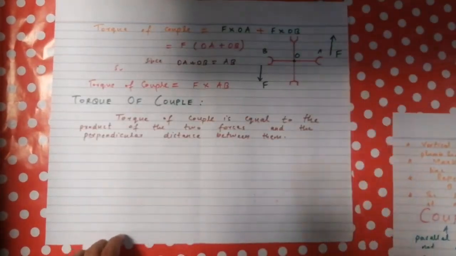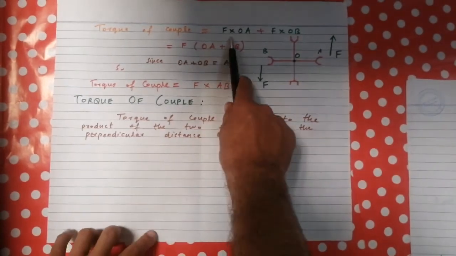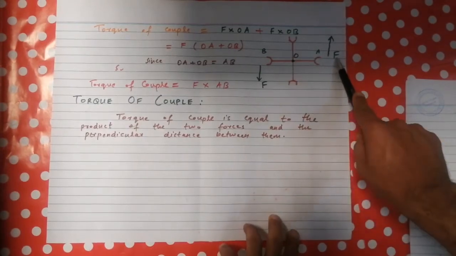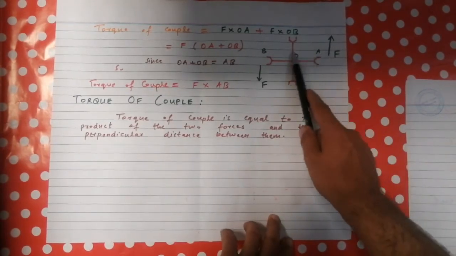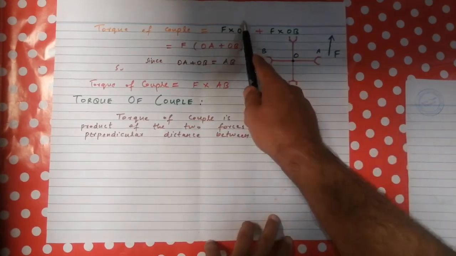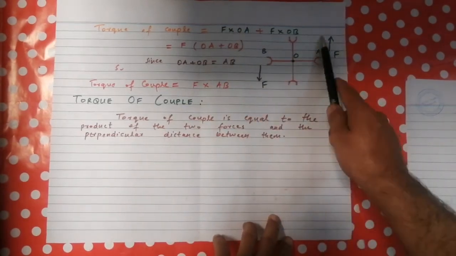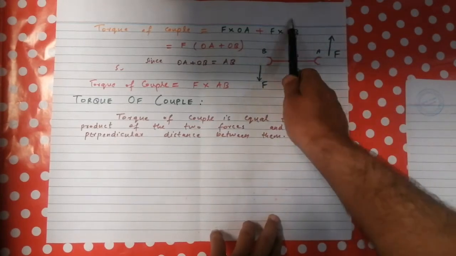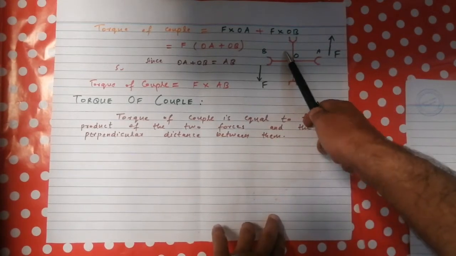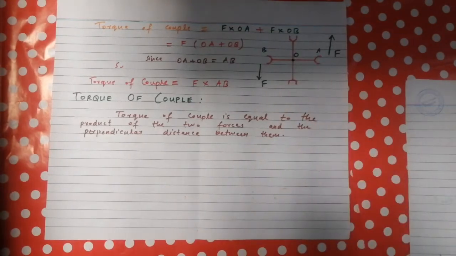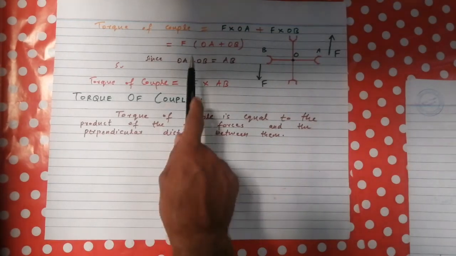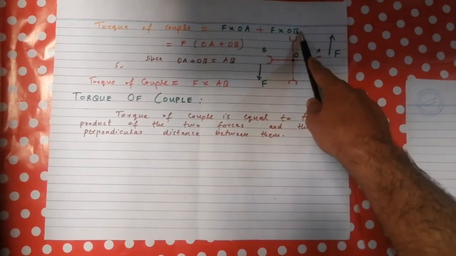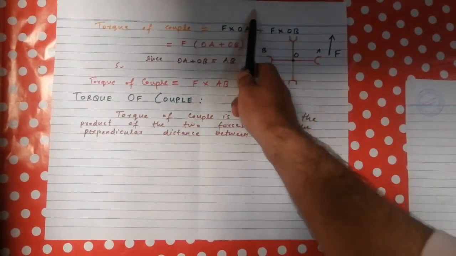Here the torque produced is the force multiplied by the moment arm, F multiplied by OA. That is one torque produced due to the force F, and another torque in the opposite direction, F multiplied by OB. So the torque of the couple is F multiplied by OA plus F multiplied by OB, the sum of two torques.